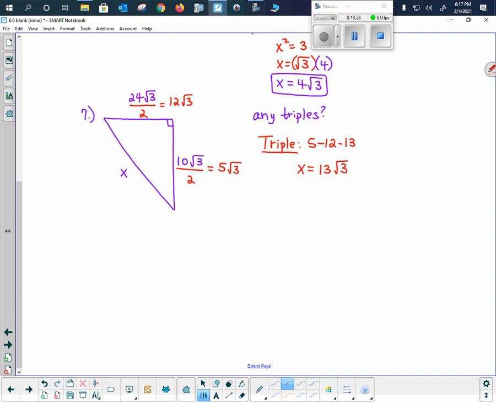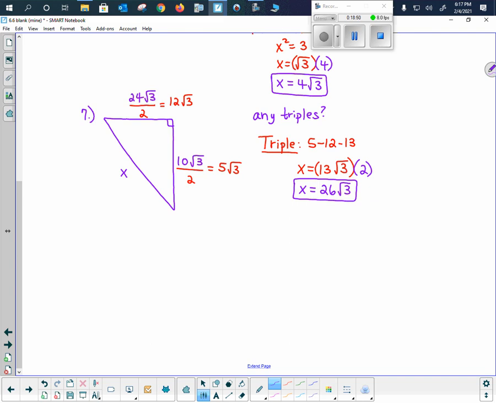But I don't want the red x. I want the purple x. So at the start, I divided by 2, which means to undo that, I need to multiply by 2. And therefore, x equals 26 root 3. Okay?